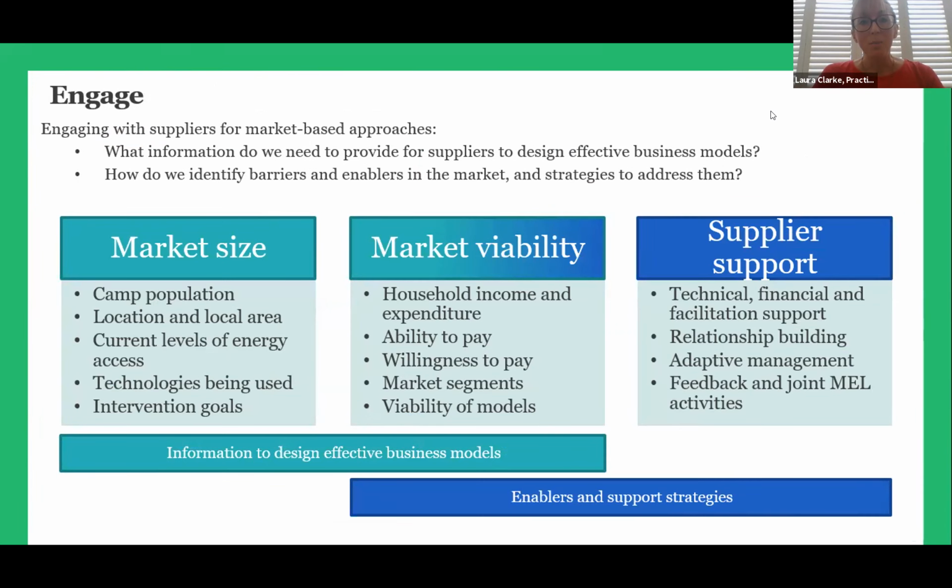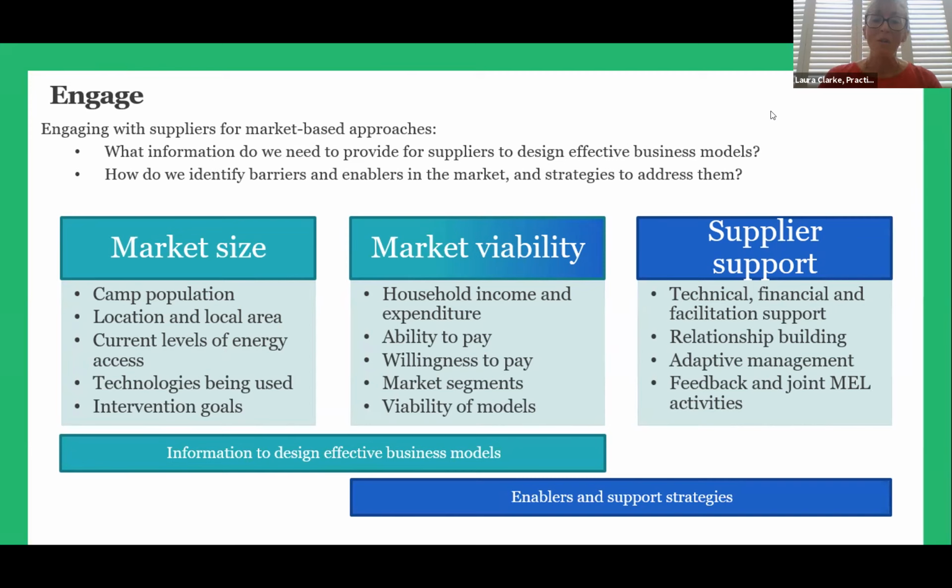To support the market-based approaches that we used, during the engagement phase we tried to share information to allow the suppliers to design effective business models based on the market size, what we had found out from the assessment phase, but also to understand what would make their business models viable in the long term, so that they would be able to sustain their operations and keep offering their products and services to households in the camps.